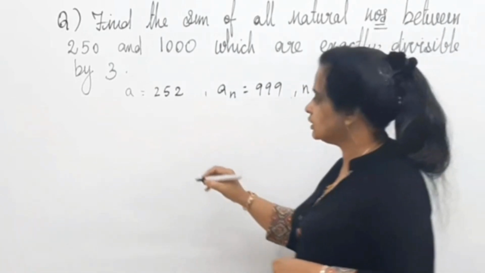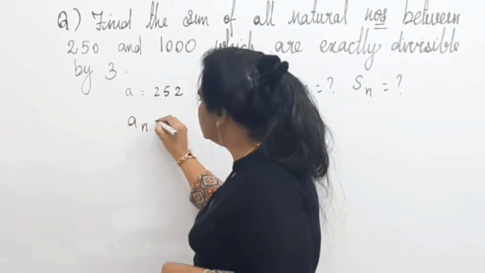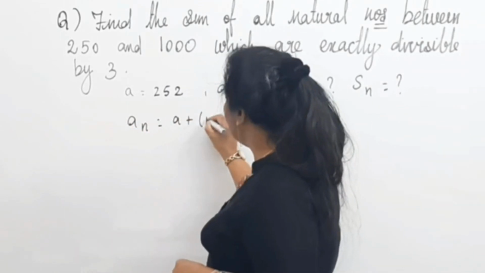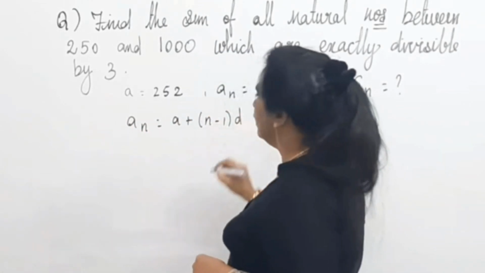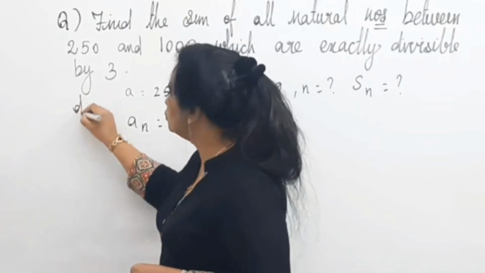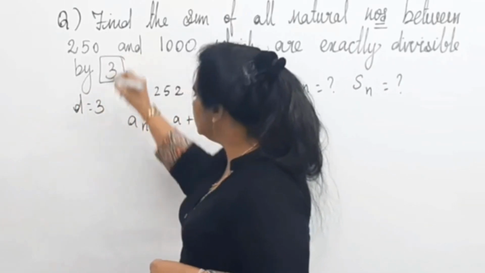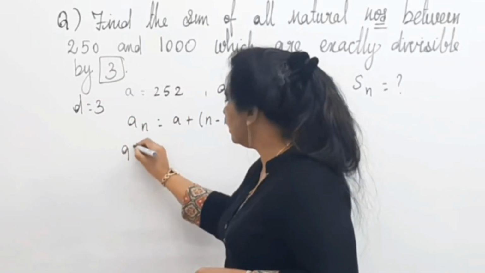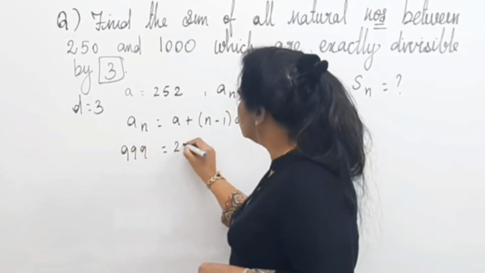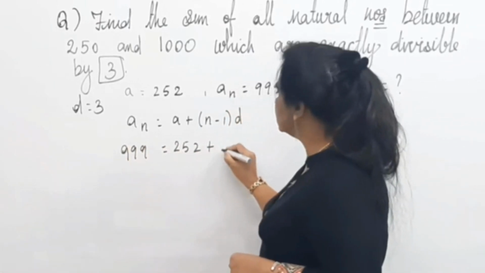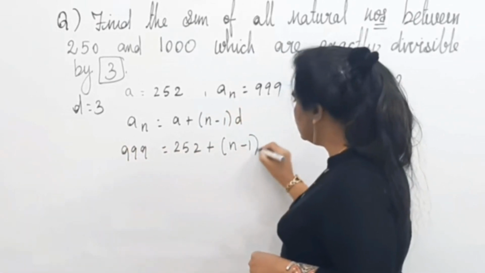So for this, first I have to get an is equal to a plus n minus 1 into d, and of course d is equal to 3. So an is 999, which is equal to 252 plus n, which I do not know, into 3.